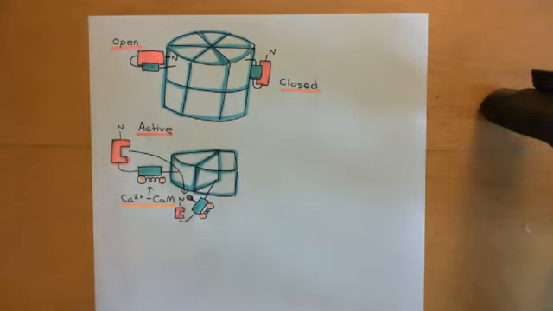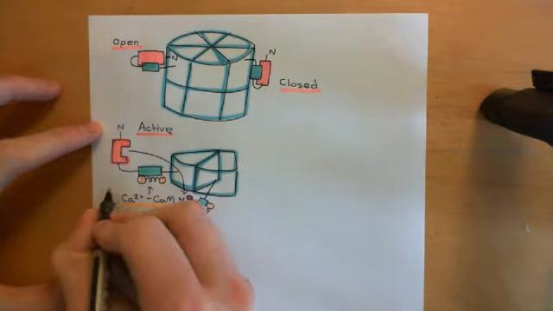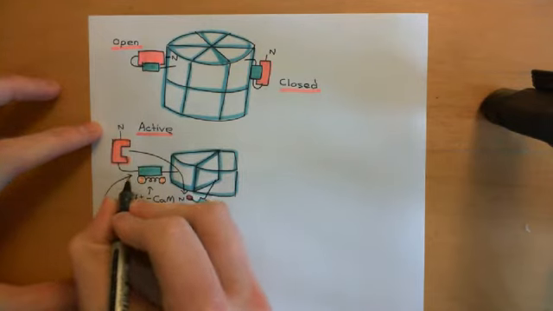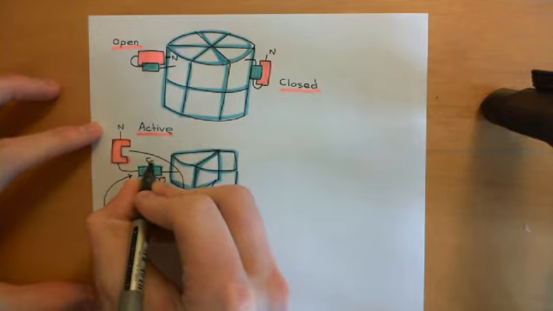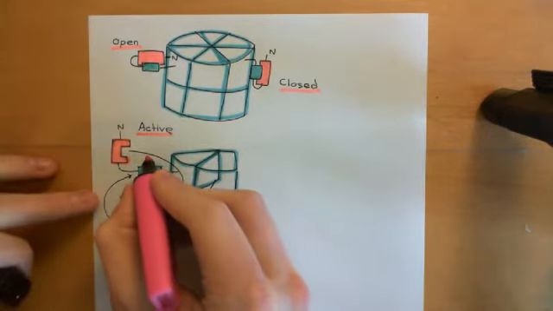So if its neighbour is also in the active state, it can phosphorylate its autoinhibitory domain, and similarly this CAM kinase 2's catalytic domain here can now phosphorylate its active neighbour's autoinhibitory domain here.